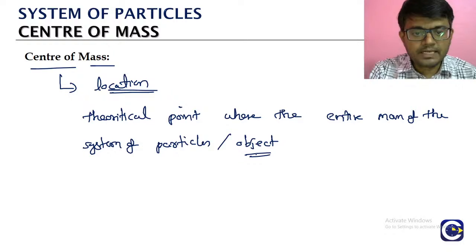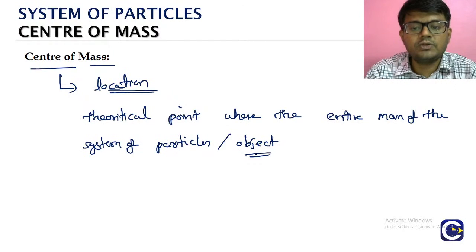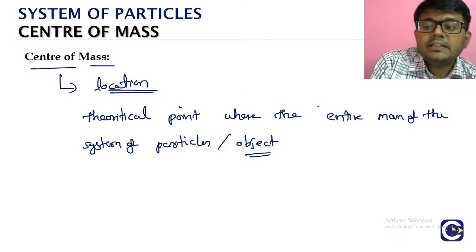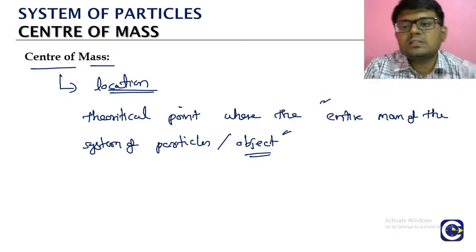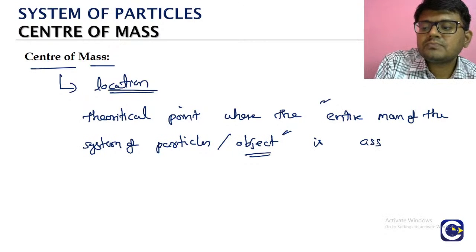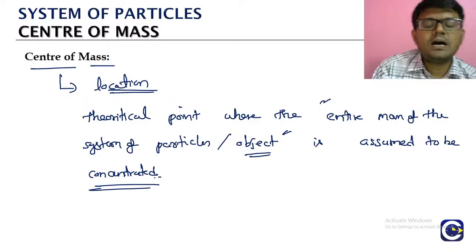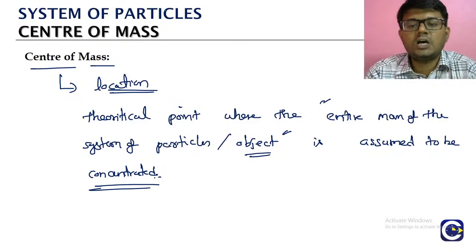In case of a system of particles, we say system of particles; in case of an extended body, we say object. So we will assume that the entire mass is concentrated at that theoretical point.